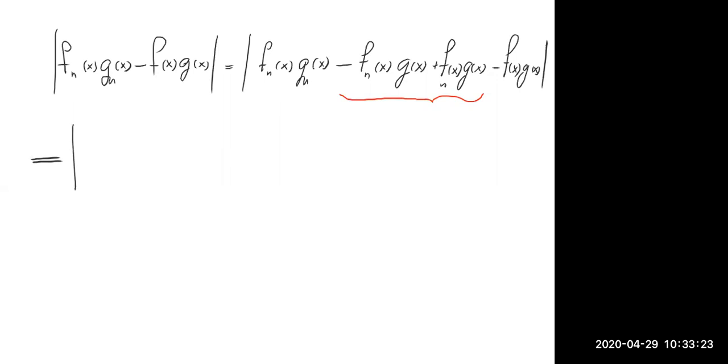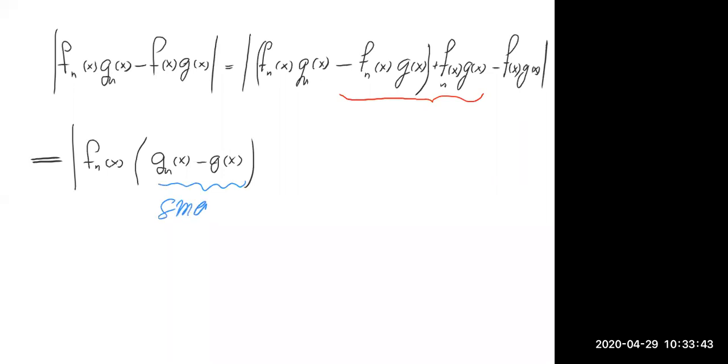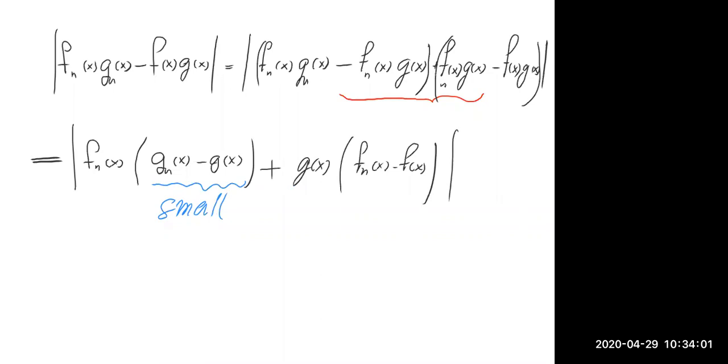But if we look at the first two terms, we can factor Fn(x), and what remains is Gn(x) minus G(x), which we know we can make small. And the second two terms both have G(x), so I can factor G(x) and end up with Fn(x) minus F(x). Again, since Fn goes to F uniformly, I know this can be made small.